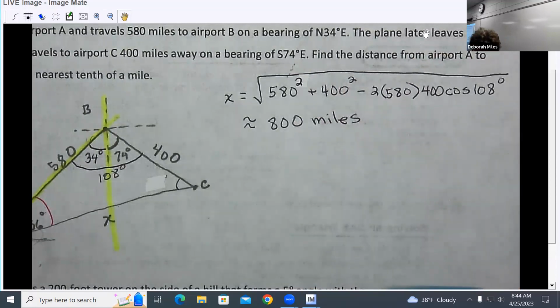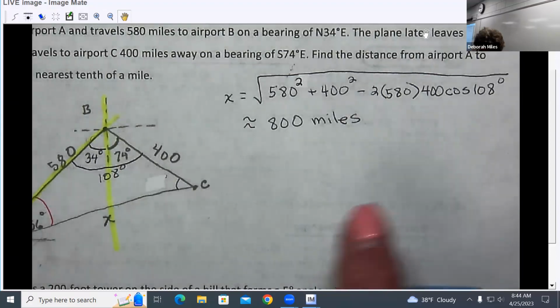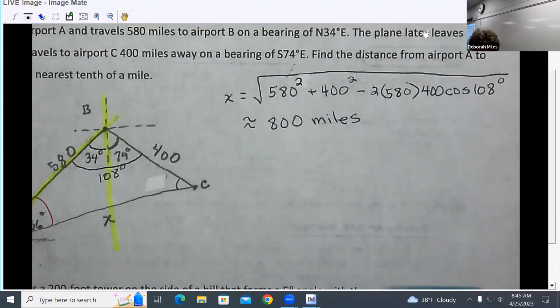Yeah, and 799.99 to the nearest tenth would be 800.0. How could we be different? 580, 400 minus 2, those 908. I don't know why.